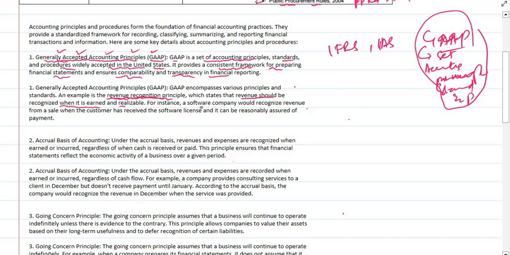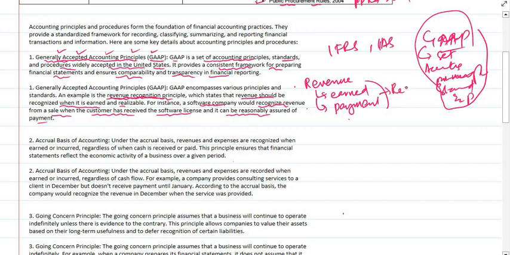For instance, a software company would recognize revenue from a sale when the customer has received the software license and it can be reasonably assured of the payment. So you recognize the revenue when it's earned and you have reasonable assurance that the payment will be received. This is one of the principles from the GAAP. Clear?